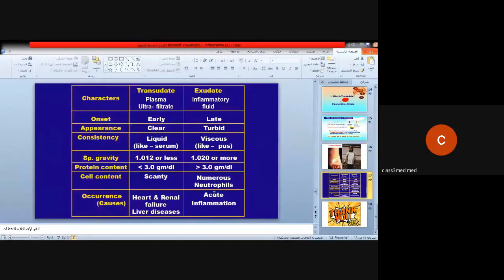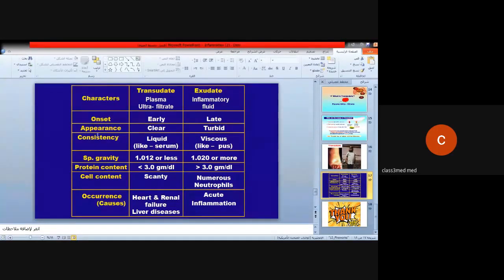This table shows the difference between transudate and exudate. As we see, the transudate is plasma ultrafiltrate, while exudate is inflammatory fluid. The onset: transudate may be formed very early in the acute inflammation, or not formed at all, while exudate is formed late in the acute inflammation.